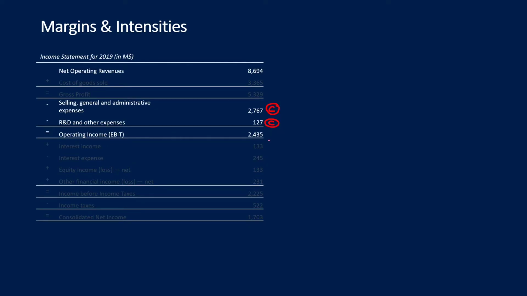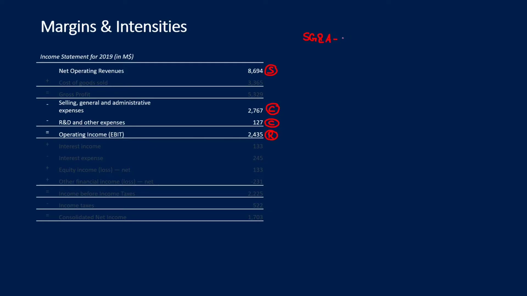And operating income is an in-between result that we also called EBIT, earnings before interest and tax. So this is a result item. And of course, we divide again by sales given here. So the abbreviation for selling, general, and administrative is SG&A.